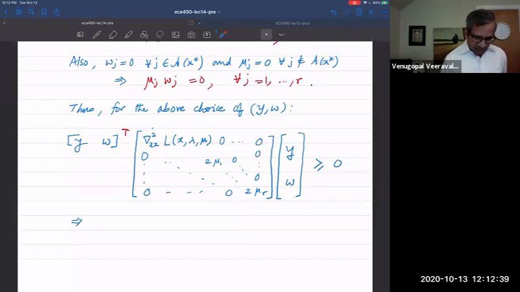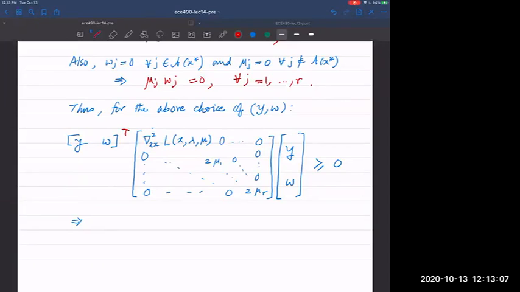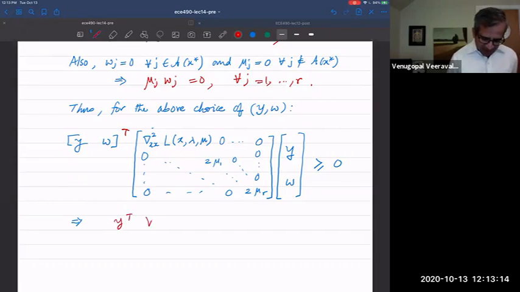And then the other terms will correspond to wj squared times the mu j's along these diagonals. But that's 0. So all that will remain from this product is actually what? Someone? What's going to remain in this product? Y transpose the Hessian y? Yep, very good. Y transpose the Hessian.